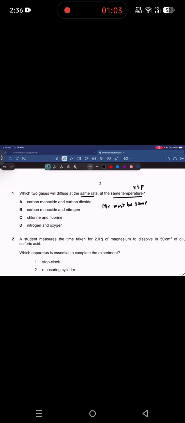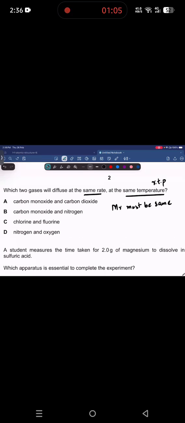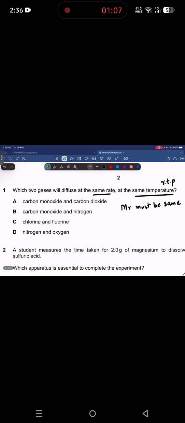So which of the two gases will give you the correct answer here? First one is 28, the mass is 44, so A is not our choice. Then you have 28 and nitrogen is 28, so B is the correct answer. Why? Because these two gases have the same molecular mass.